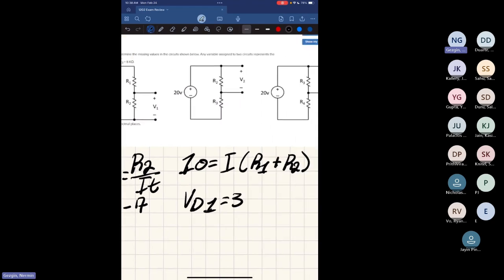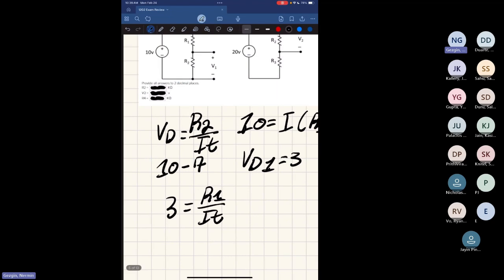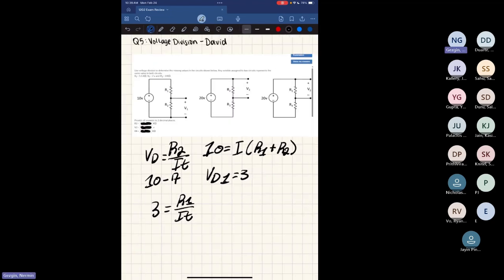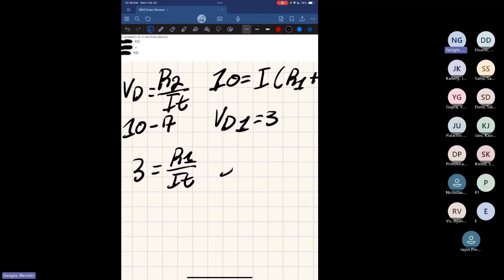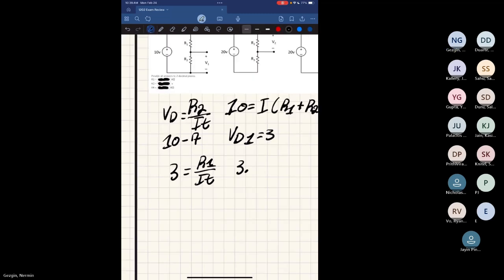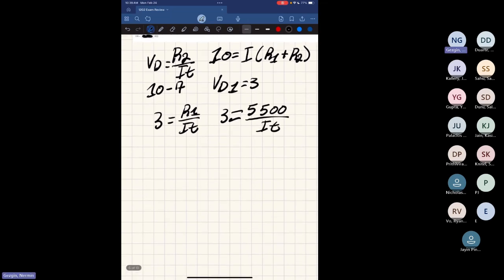So we can use that same formula from up there, 3 equals R1 times IT, to find IT. And R1 has a value of 5.5 kilo ohms. So we can take the inverse.